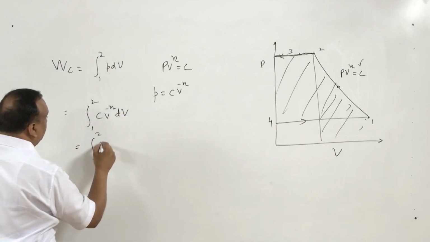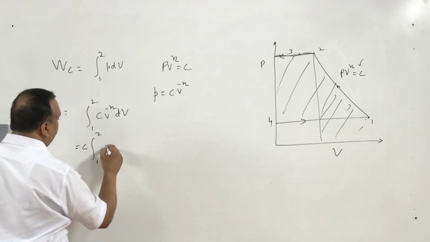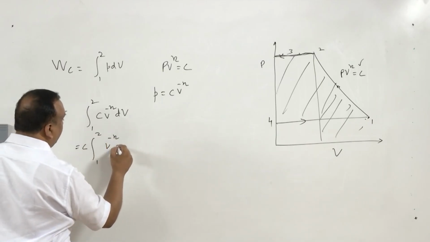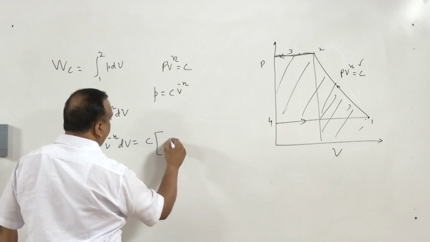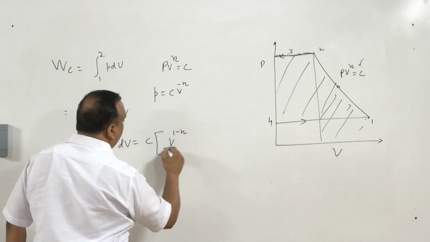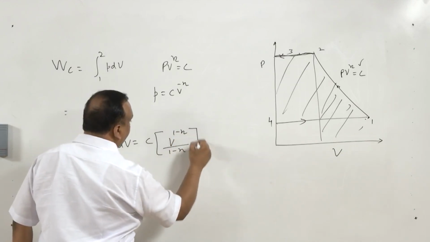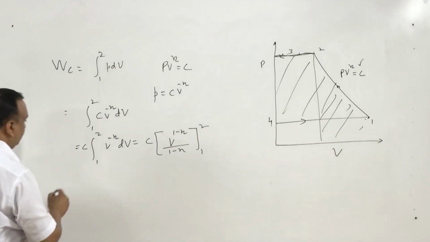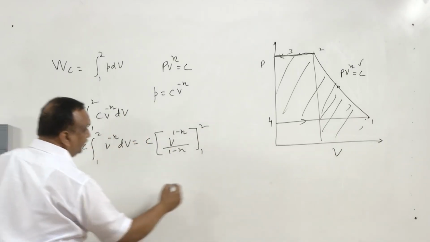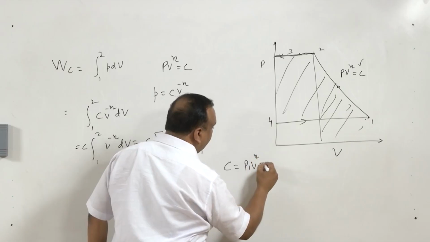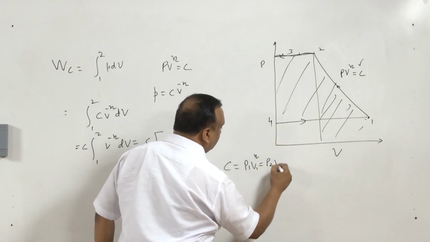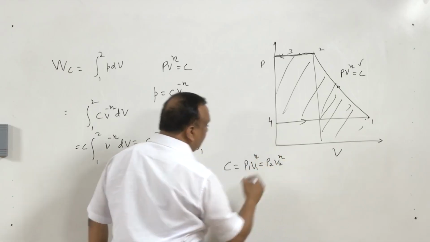Now, again the integral from 1 to 2 of C V raised to power minus n dV is equal to C V raised to power 1 minus n upon 1 minus n, from 1 to 2. Now, C is also equal to P1 V1 raised to power n, which is equal to P2 V2 raised to power n.